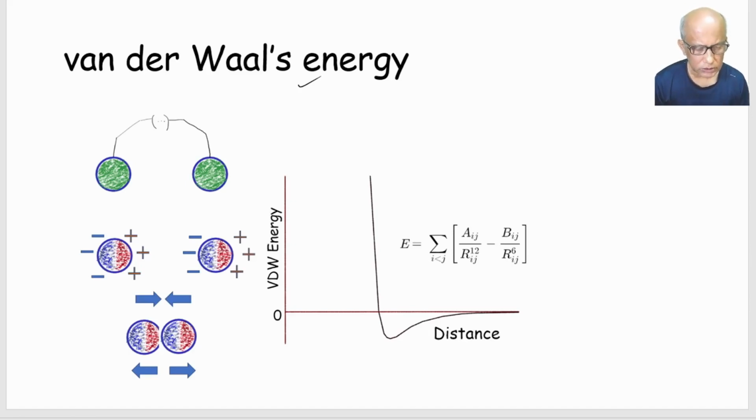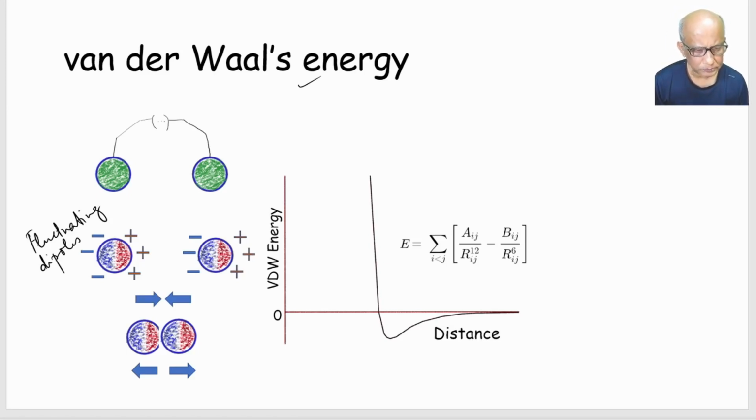In such a case, we find a certain kind of interaction between them. This interaction arises out of some fluctuating dipoles, which arise because of the moving electron density around the atoms, and which causes them to attract each other when they are at a somewhat larger distance.